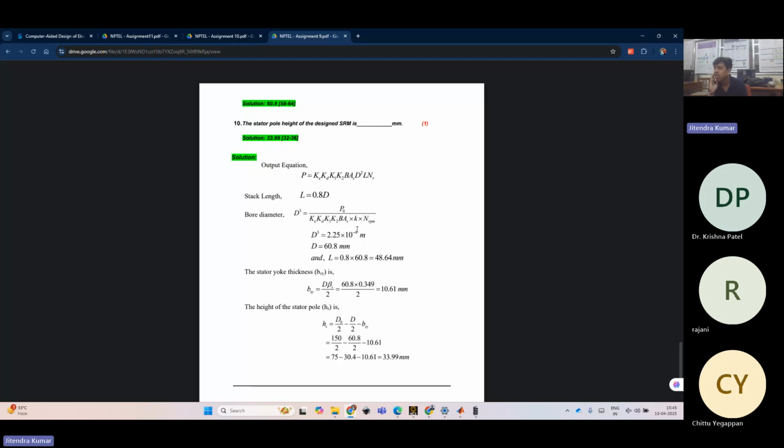Yes, sir. So the answer is correct. Chitu also made some mistake there, and we were discussing last week. I think you might not have considered the stator back iron width, so that's why you might be getting a different answer.